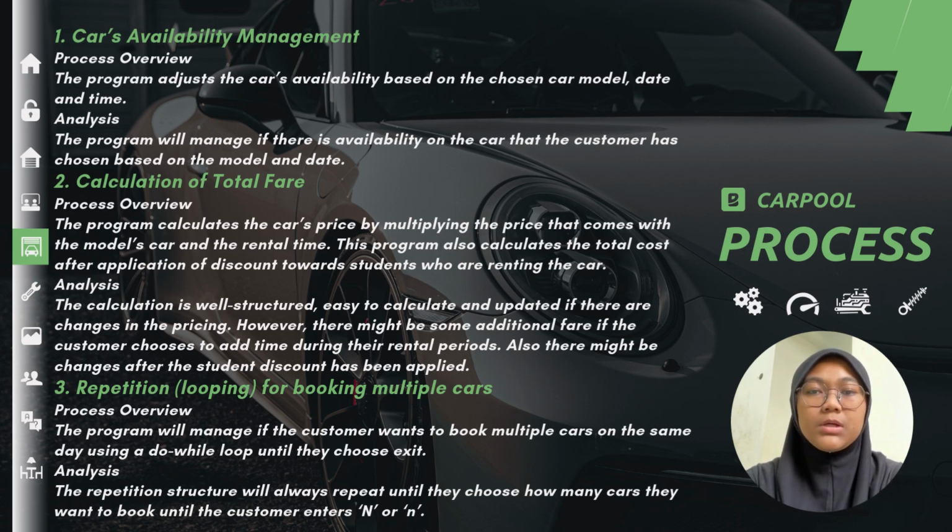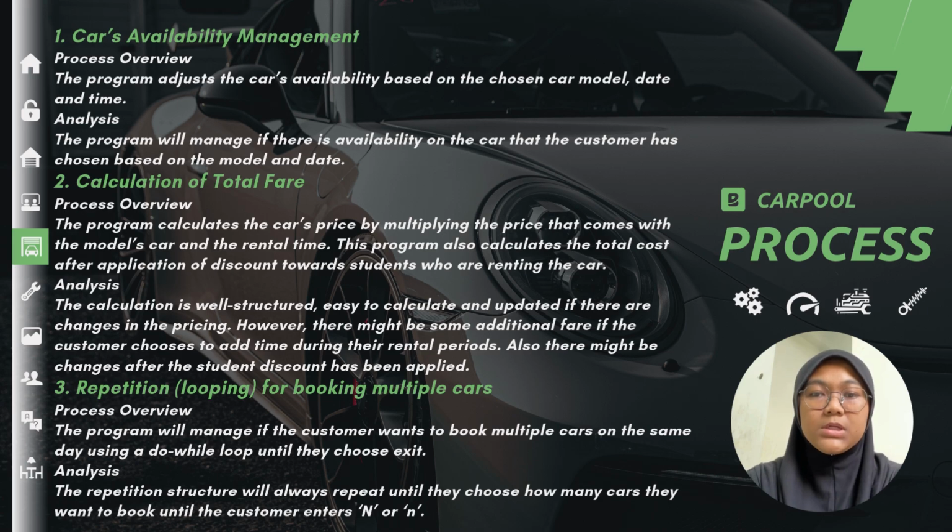This program also calculates the total cost after application of discount towards students who are renting the car. This calculation is well structured, easy to calculate and updated if there are changes in the pricing. However, there might be some additional fare if the customer chooses to add time during their rental periods.